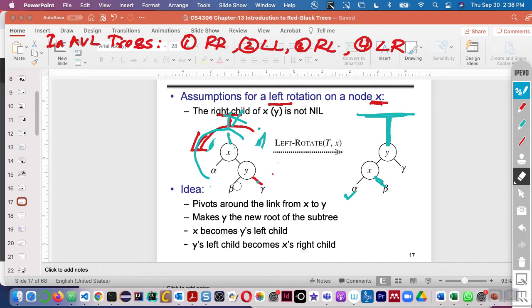It is less than Y, yes, but greater than X. So beta is greater than X but less than Y. So it is maintaining the BST property. You understand? So that's why gamma always stays on the right side. Yeah, gamma is greater than Y, so it remains on the right side.